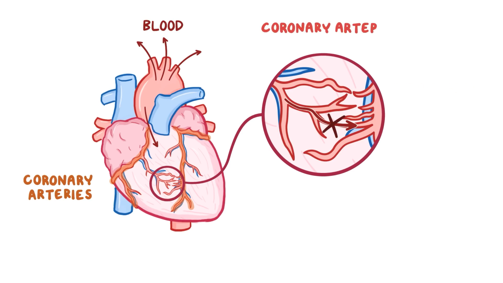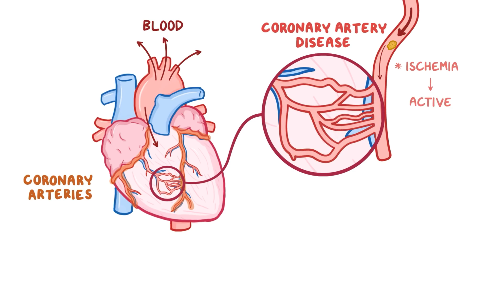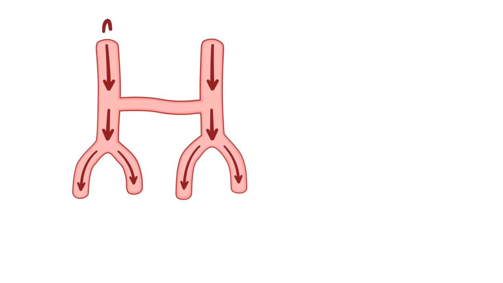Now, with coronary artery disease, there's ischemia, or reduced blood flow to the region of myocardium supplied by that artery. In this context, collateral circulation may become active. For example, let's say two coronary arteries, A and B, are linked by a collateral vessel, and coronary artery B has developed a block.